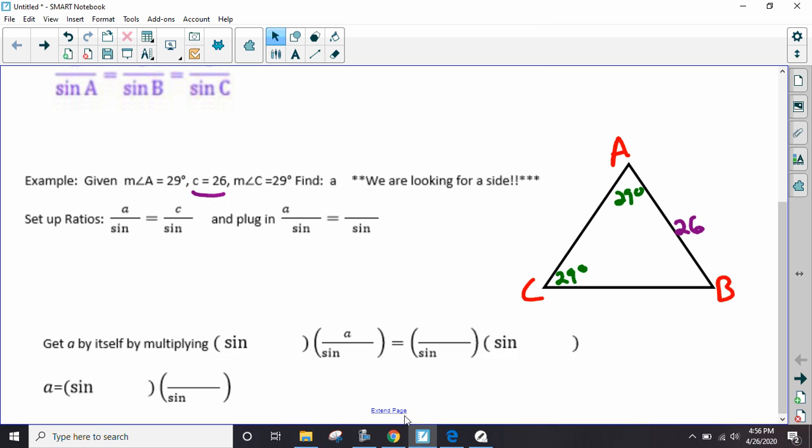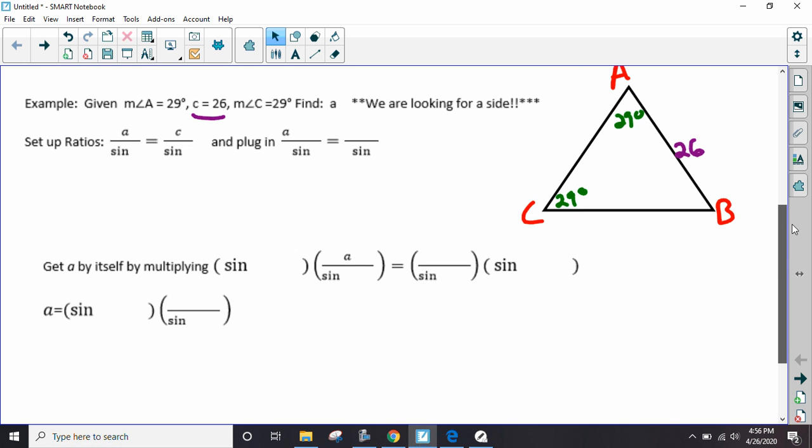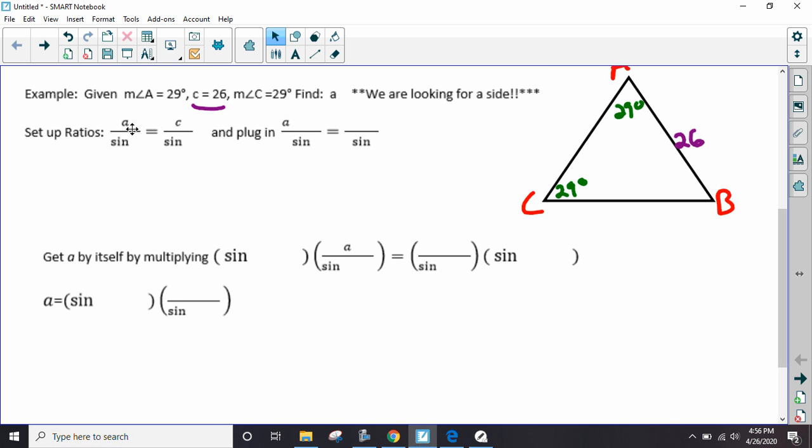Now, we set up our ratios of little a over the sine of 29 degrees, or sine A, and this is sine C, and this is where we plug in our degrees in this ratio.